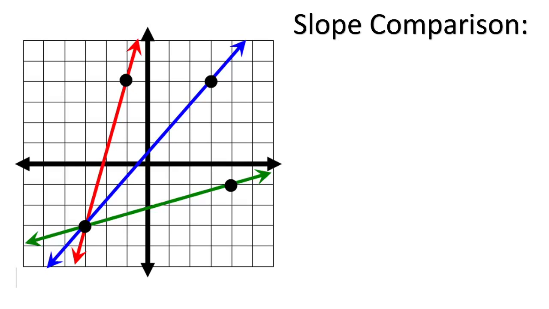And if I'm going to rephrase the question, when I say which line has the greater slope, it's simply one way of asking which line is steeper. Which line is steeper? The red line. What about the green line? It's less steep, right? It's less steep ang green. Let's verify that.